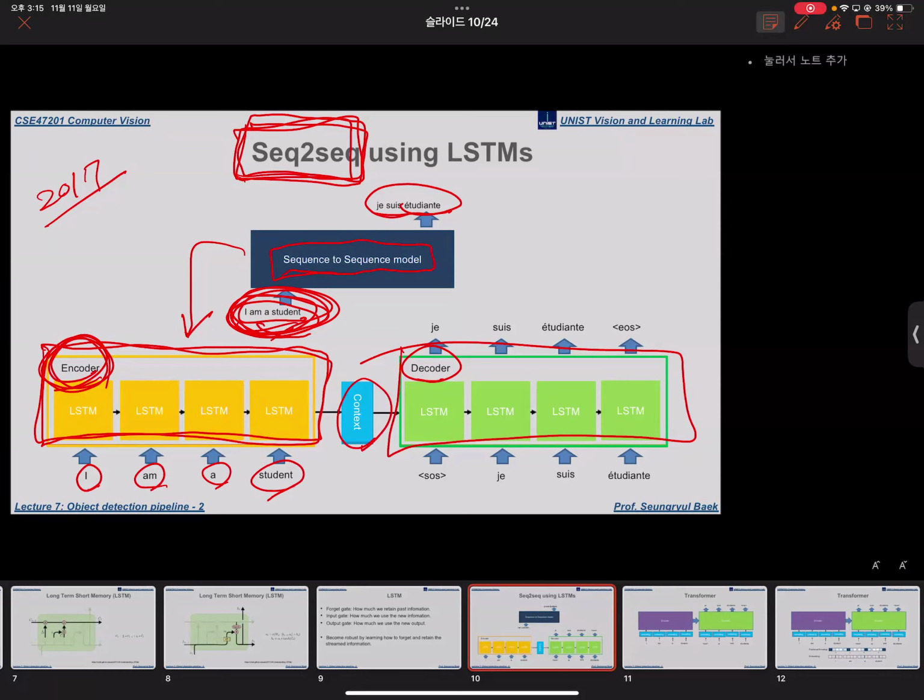And when doing that, we involve the LSTM architecture that can process the sequence data, okay? And when getting the feature for I, we get no context from the previous block.